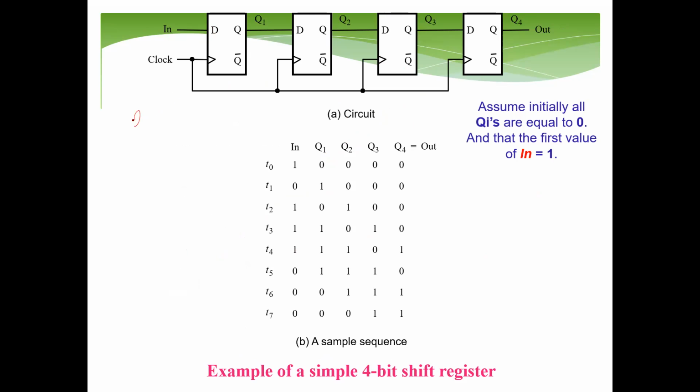So we have Q4, Q3, Q2, Q1, and your input is coming into Q1. So your input is coming in here. And then Q2 is reading Q1, Q3 is reading Q2, Q4 is reading Q3. So what's happening here is a shift left operation. This is a shift left operation. And it should say that here.